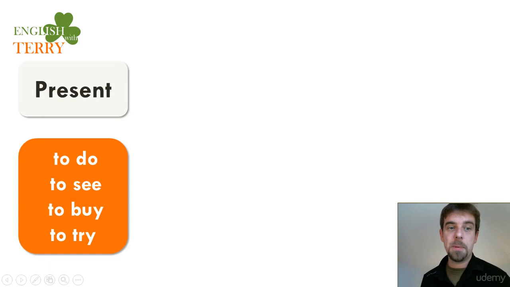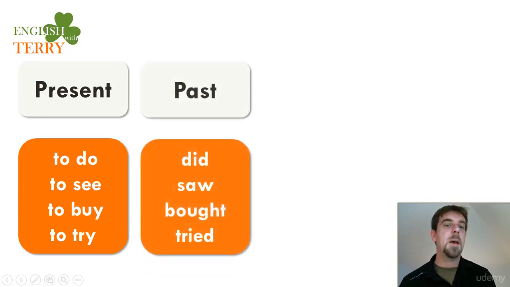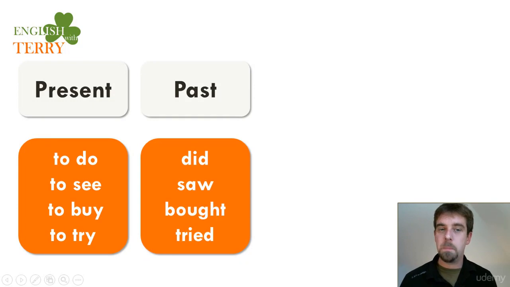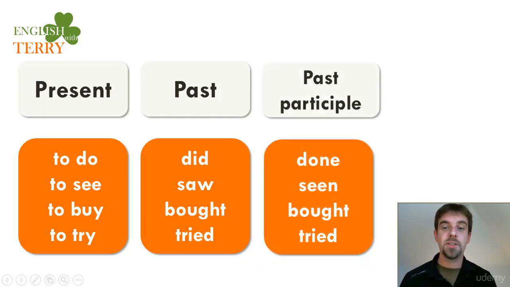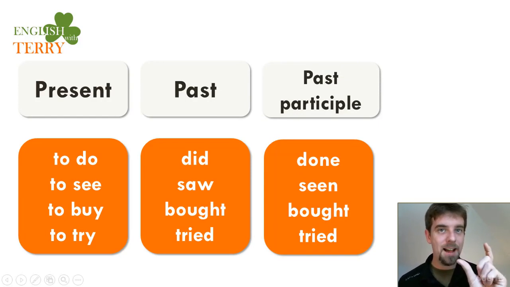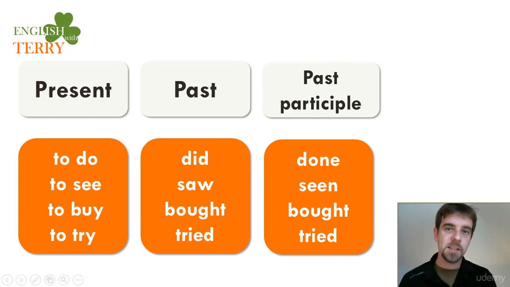Well, first is about the present tense: to do, to see, to buy. Past is did, saw, bought, and tried. And past participle is done, seen, bought, tried. Because after the have, you must have the past participle. Not the verb in the present, but the past participle.